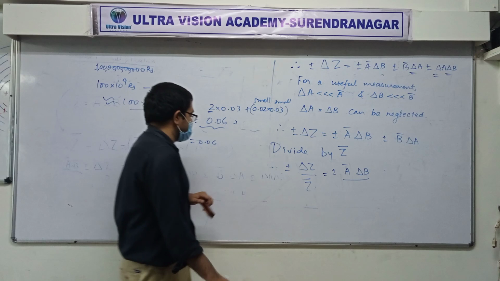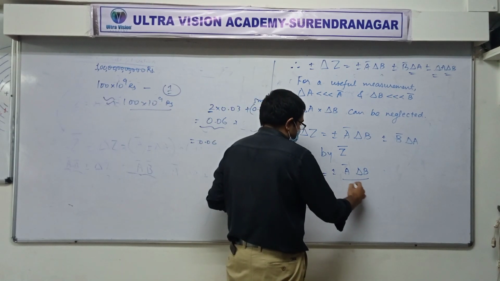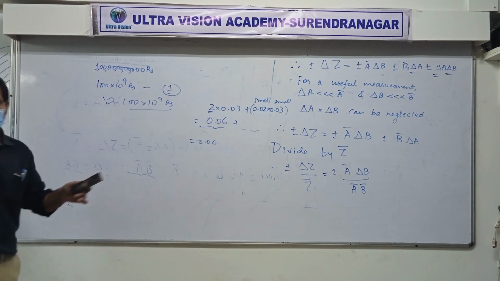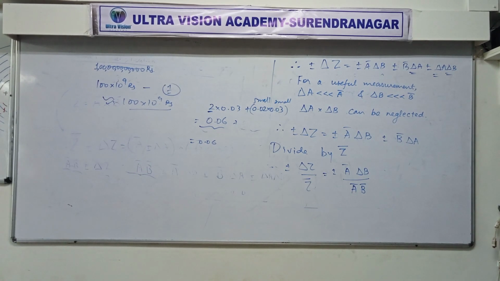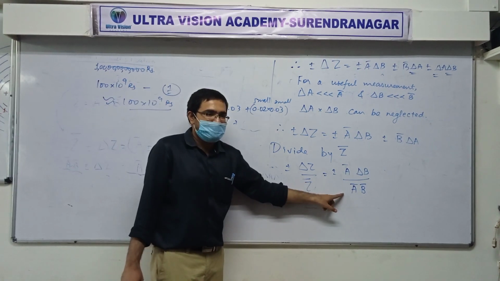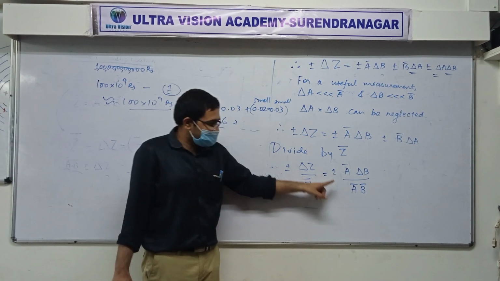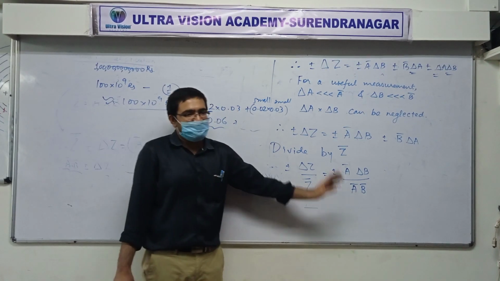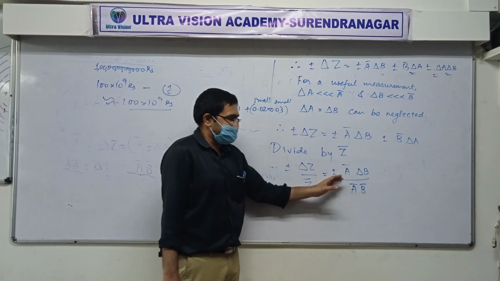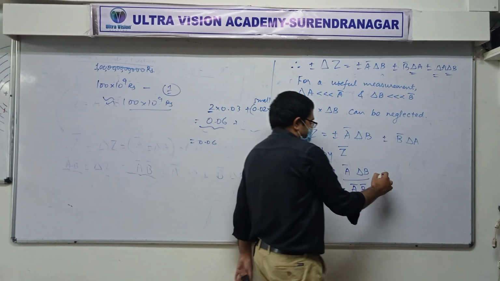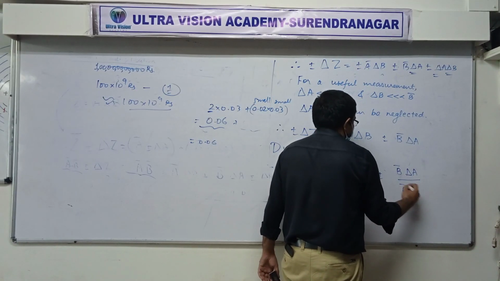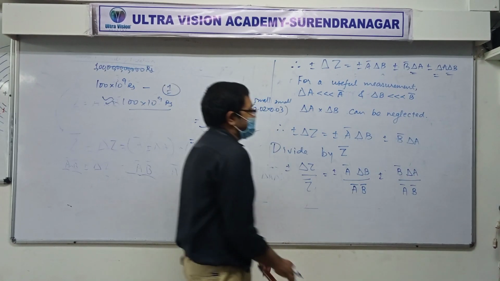But do not write Z bar, I put the Z bar value. What Z bar value? A bar B bar. I hope you remember that; you will have it in your notebook. For multiplication, Z bar will be equal to A bar B bar. We are definitely dividing by Z bar, but this is the Z bar value, A bar B bar. Similarly, in the second term where we will divide, I will also write the same thing: instead of Z bar, I will write A bar B bar.